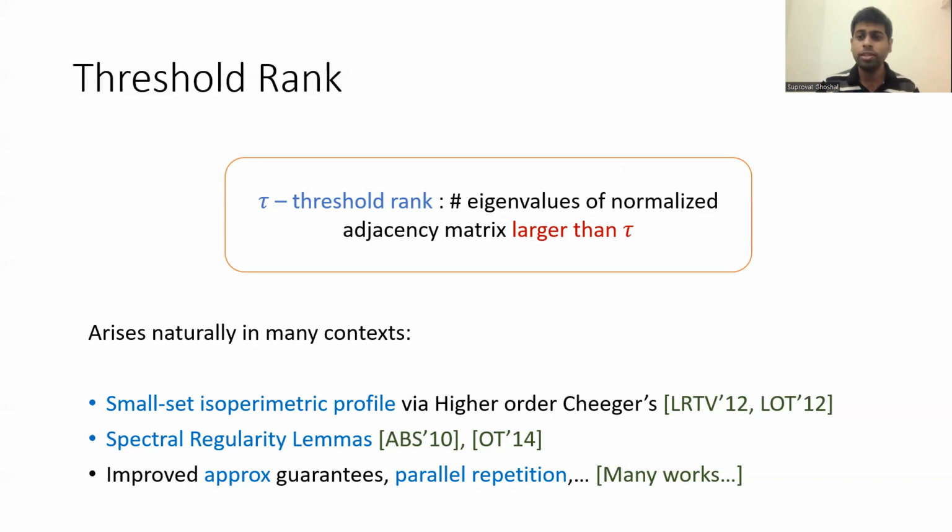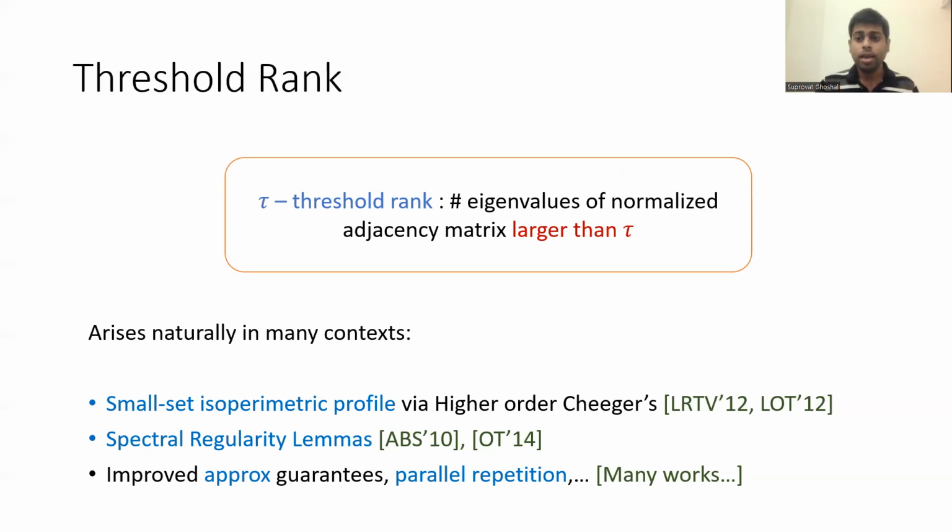It's also used in several spectral regularity lemmas. For example, it was used in the seminal work of Arora, Barak, and Steurer, who gave sub-exponential time algorithms for unique games. It was also used in a slightly different regularity lemma in a later work of Oveis Gharan, Kwok, and Trevisan, among others.